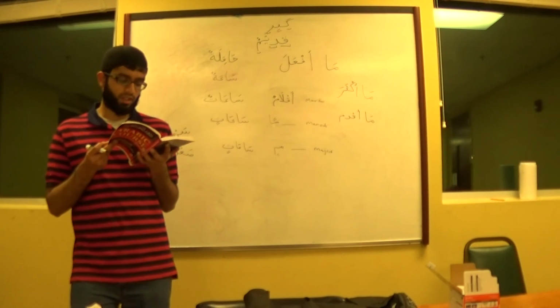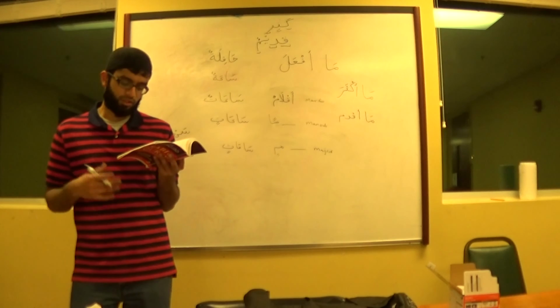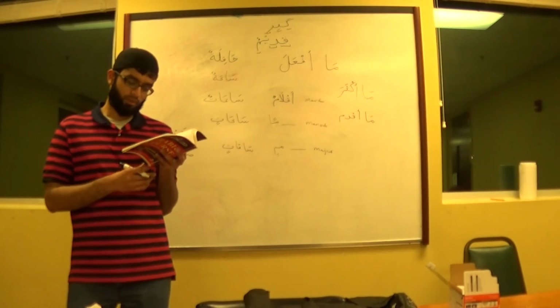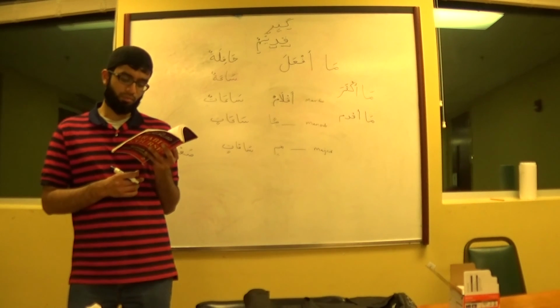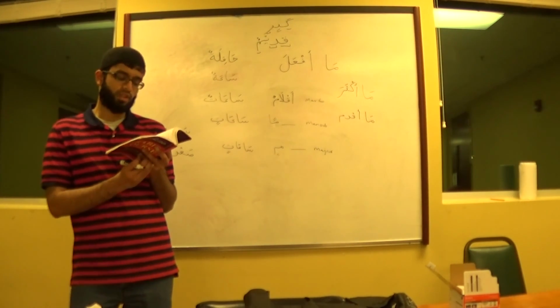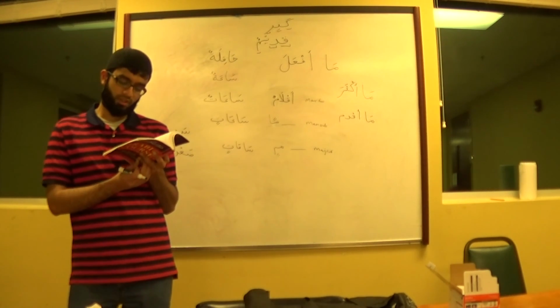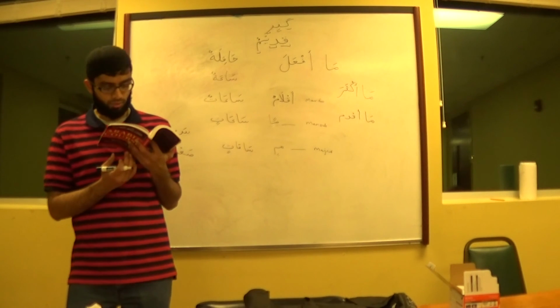So do exercise number 6. Exercise number 6 is just the fi'l at-ta'ajjub, the one that we just learned. It says اقرأ الأمثلة, read the examples, ثم اكتب الجملة الآتية مستعملا فعل التعجب, then write the following sentences using the verb of wonder. So they have the 3 examples, then you get to do 10 more.